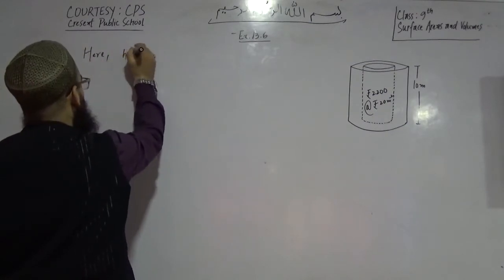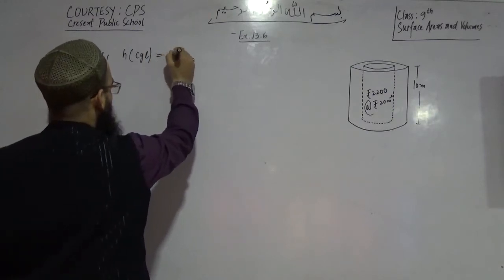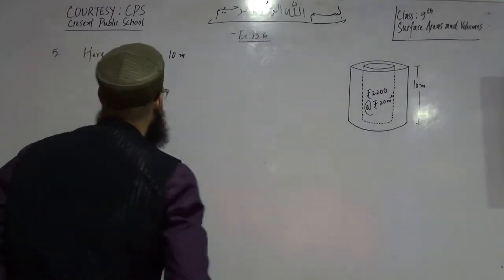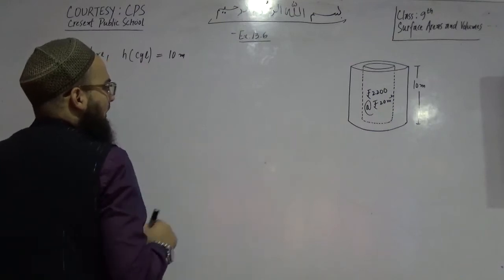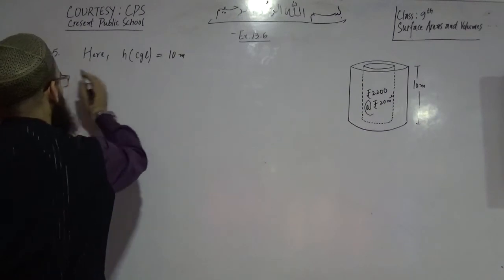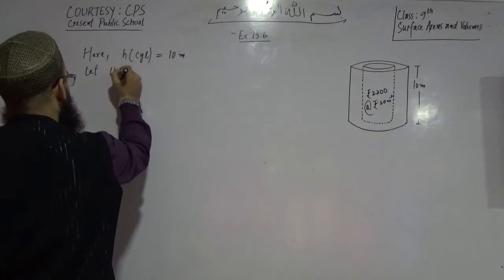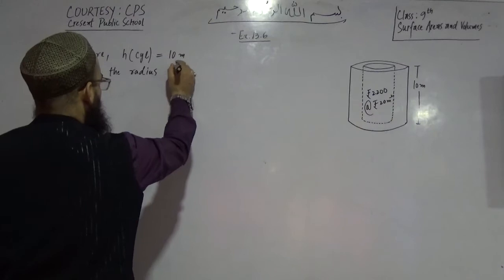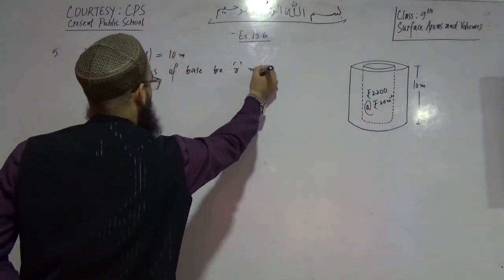Height of cylinder is 10 meter. Now, let's find the inner curved surface area. Let the radius of base be r meters.